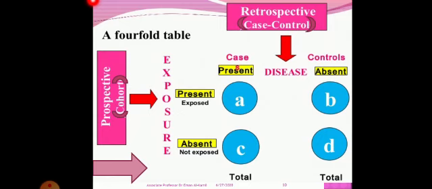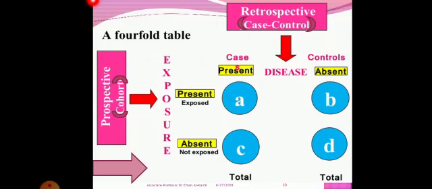Retrospective, we are going to study or go backward and see if there is exposure or not. While in the prospective study, we are going to take a group of people who are exposed and we are going to follow them up and see how many of them will develop the disease while they are exposed.